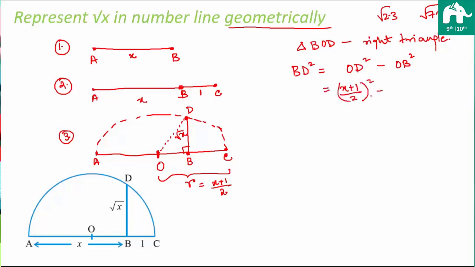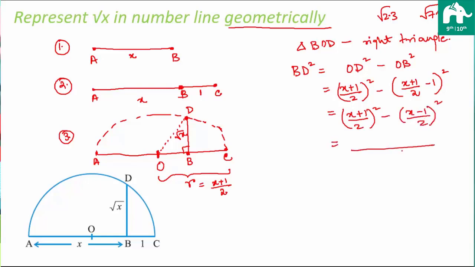minus OB square. What is OB? How do we find this distance? This distance will basically be OC, which is again the radius, minus 1, that is BC. So OB is x plus 1 by 2 minus 1. If we calculate, this is x plus 1 by 2 whole square minus x minus 1 by 2 whole square.